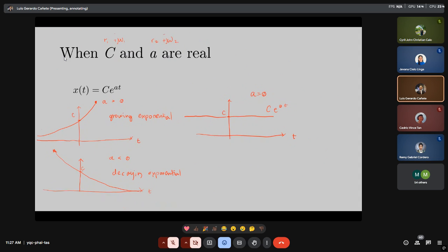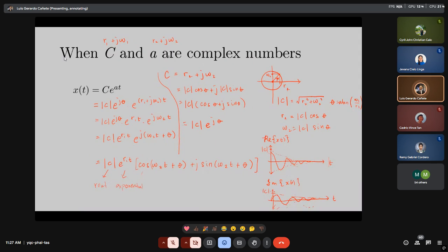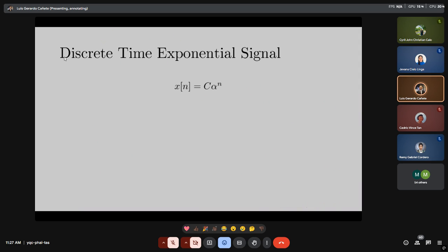So if there are continuous time representations for exponential signals, this almost implies that there must also be discrete time exponential signals. And you're absolutely correct if you think that.